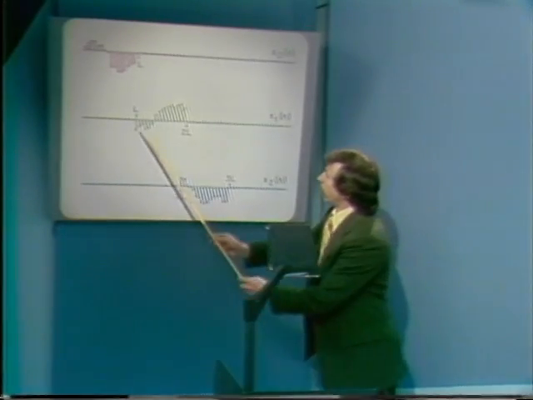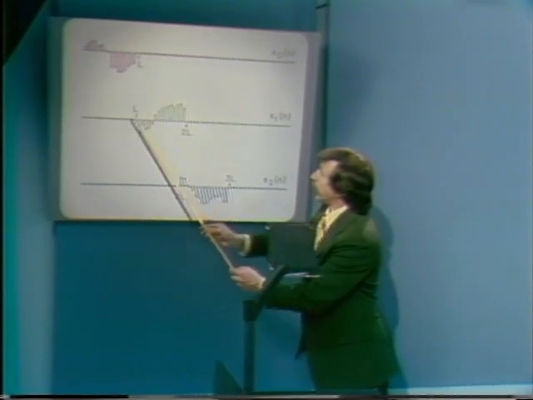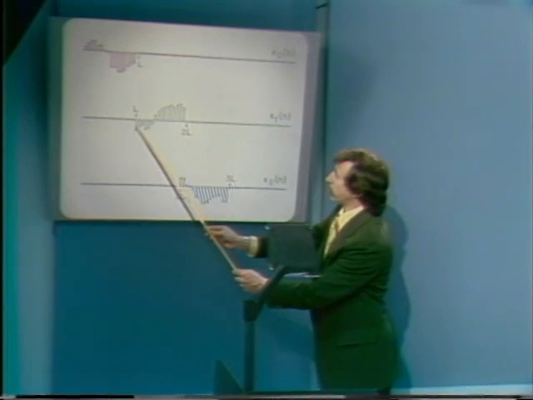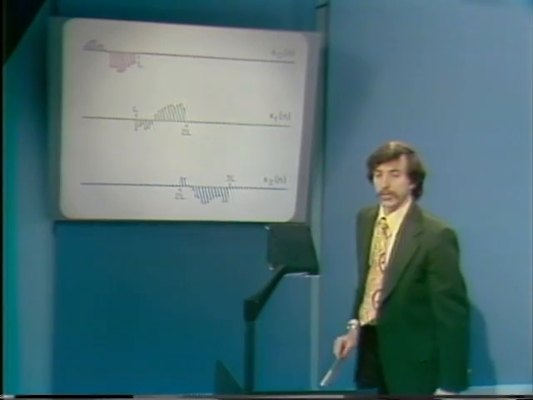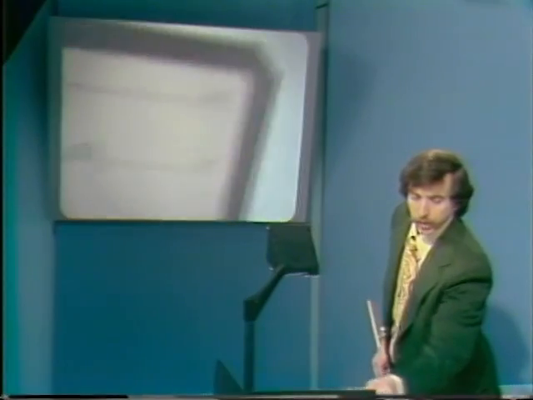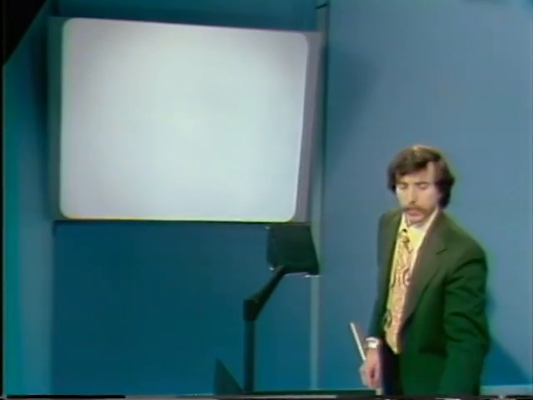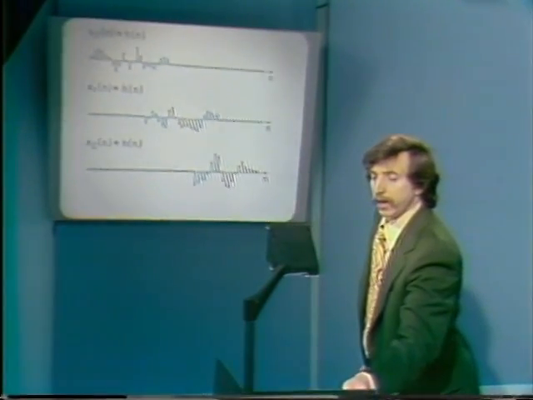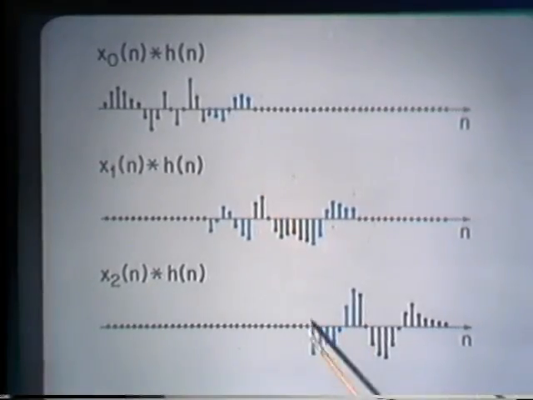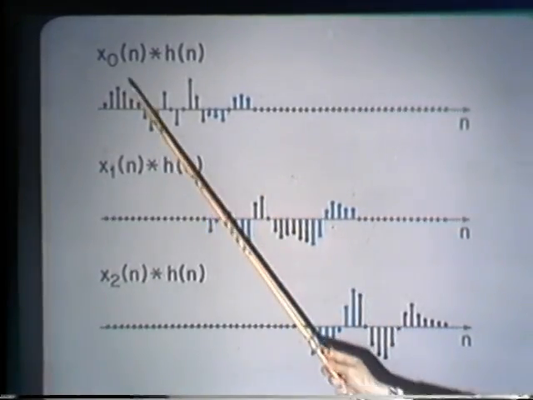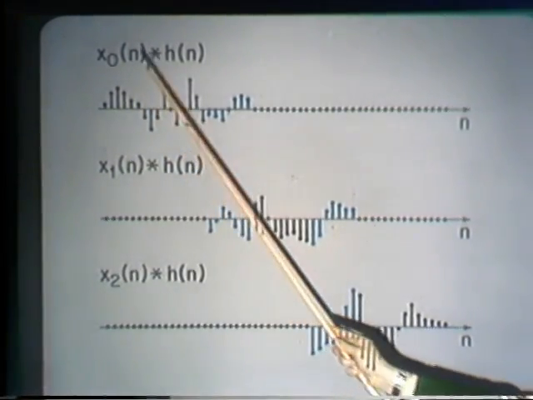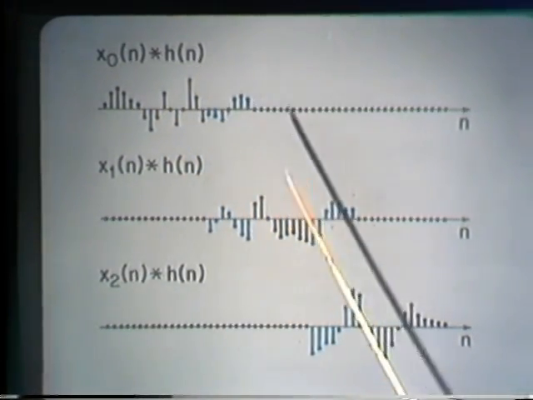Now, obviously, if we have the input sections delayed by a certain amount, we have to make sure that we line up the output sections. And what we end up with, then, is a set of output subsequences which correspond to the convolution of each one of the input sections with h of n.